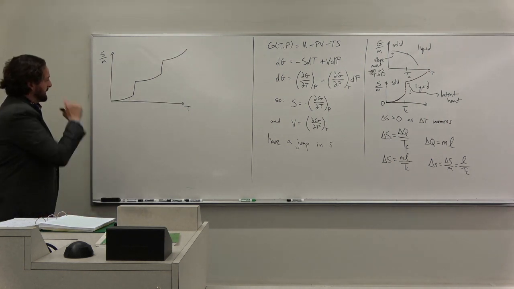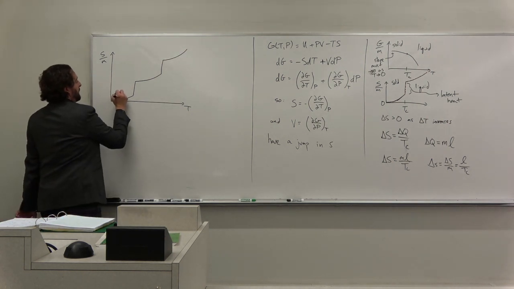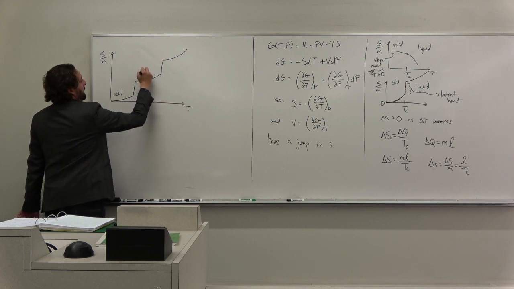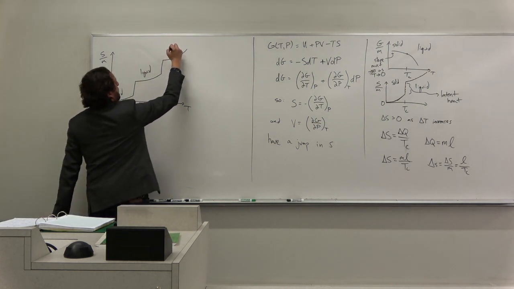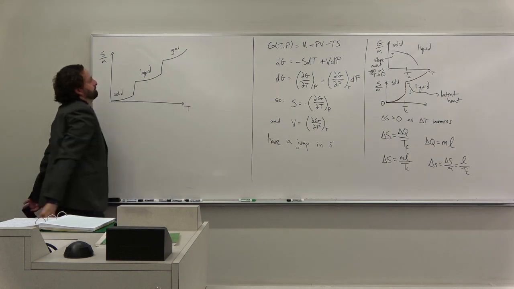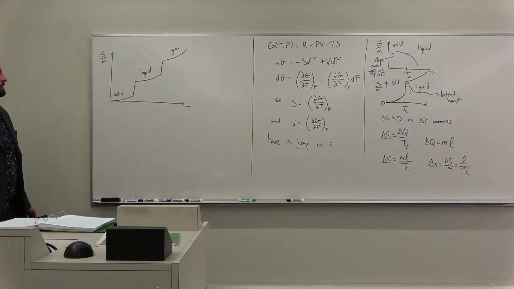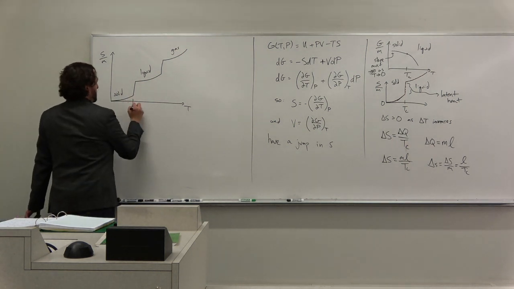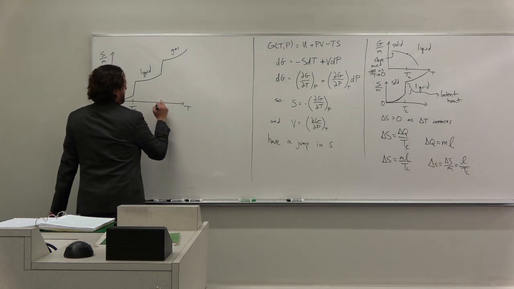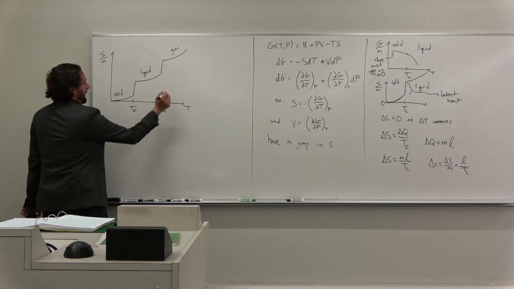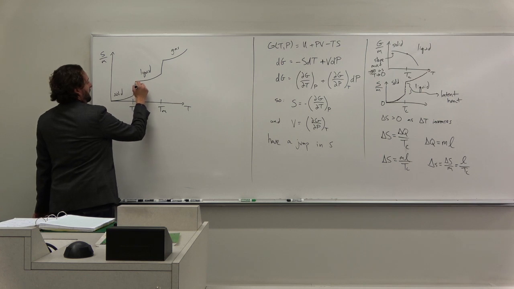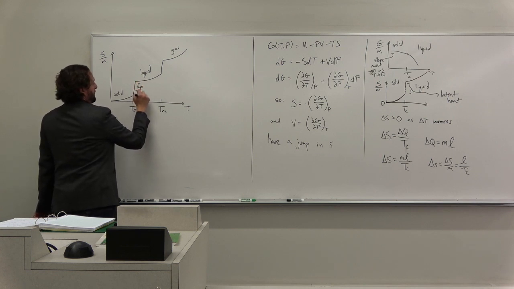All right, so this would be a solid, this would be the liquid, and this would be the gas or vapor. This would be T freezing, this would be called T melting, and so this would be the latent heat of freezing over Tf.